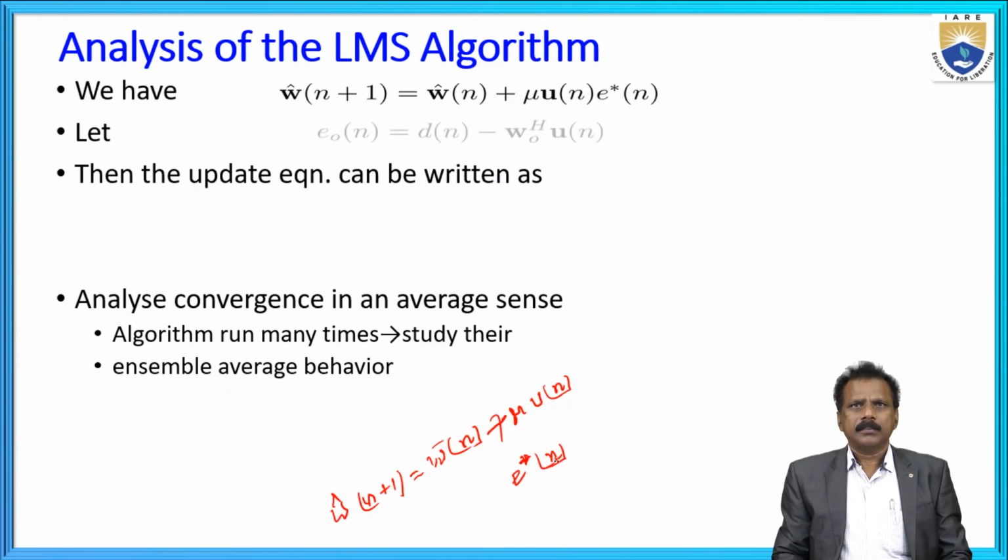Let e naught of n be equal to d of n minus w naught of h u of n.